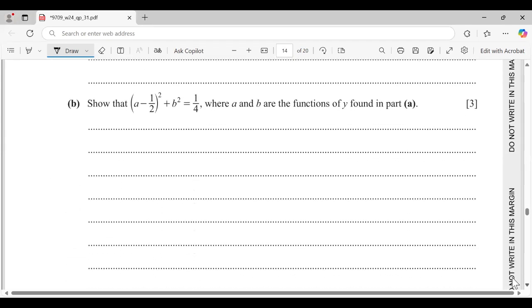Show that a minus 1/2 squared plus b squared equals 1/4.